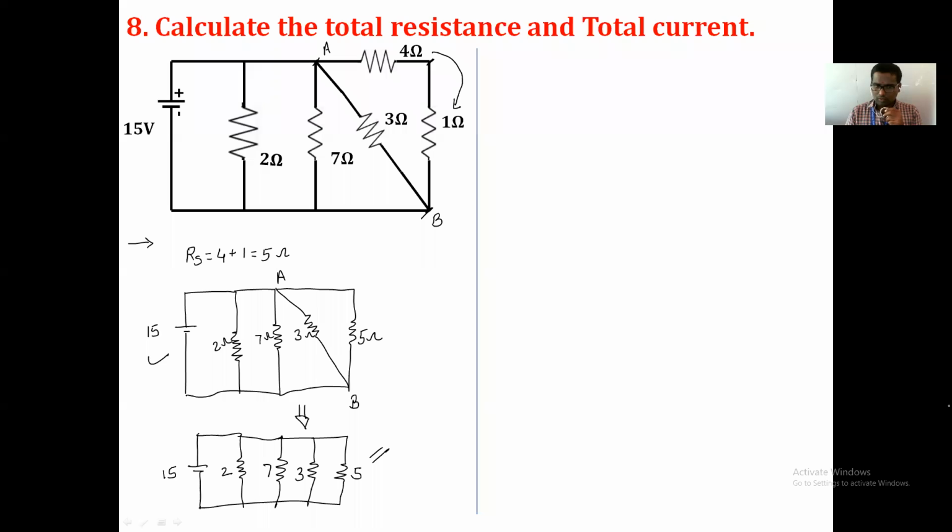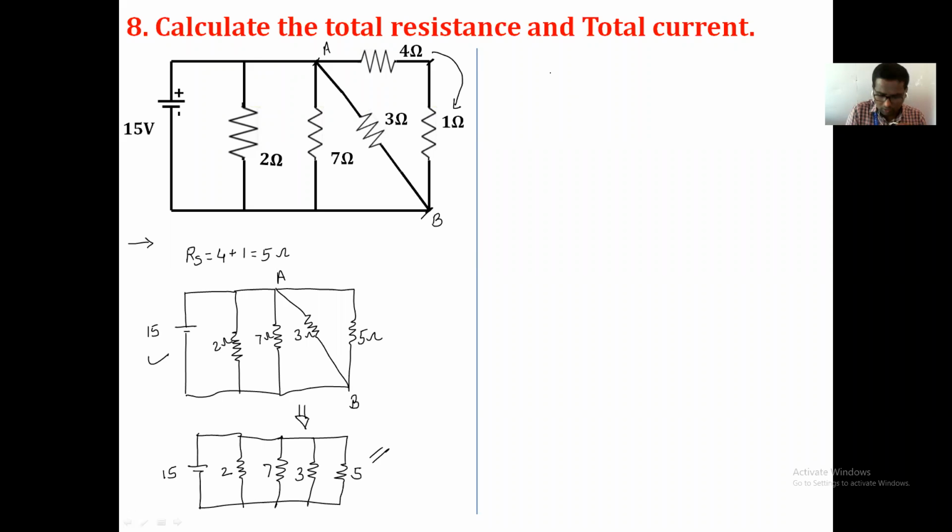Parallel. Parallel. So I'm always getting very late response. So you should be very alert when I ask the question. Those students who know these things, just give me that response quickly. Now the thing is clear. These resistances are connected in parallel.